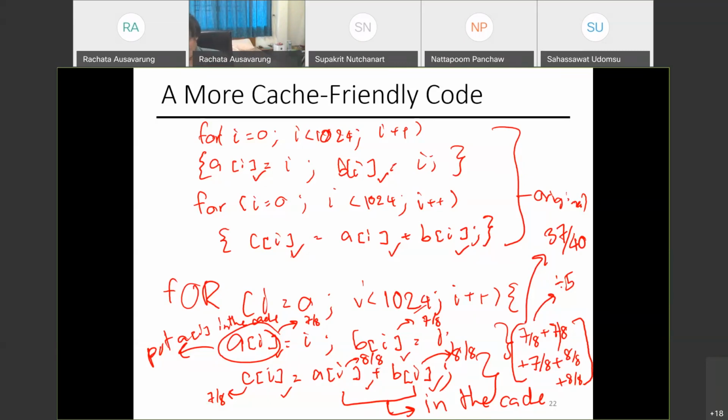Getting A of I and getting B of I. My guaranteed next instruction is get A of I, get B of I, add, write the result to C of I. So the second time I need to access A of I, the previous line would have brought A of I into the cache. That's why you get 8/8. Because the second time you access A of I, it's guaranteed to be in the cache, since your previous instruction accessed the same thing.